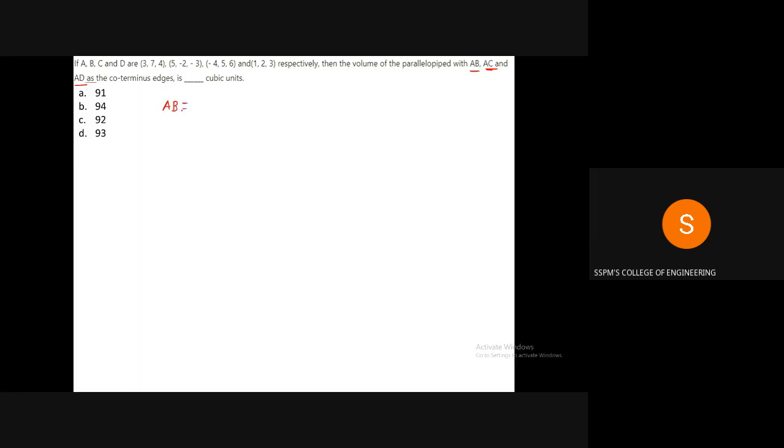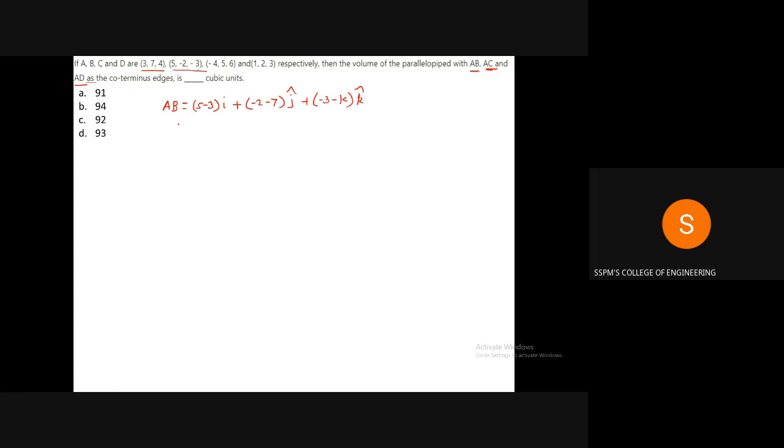How can we calculate that? AB is calculated by just subtracting their coordinates. So for AB it is 5 minus 3 i cap, plus minus 2 minus 7 j cap, plus minus 3 minus 4 k cap.